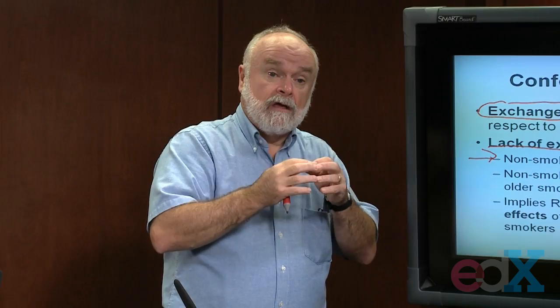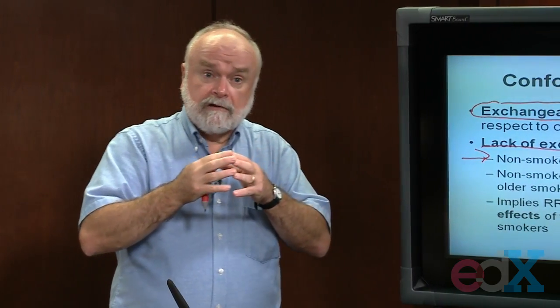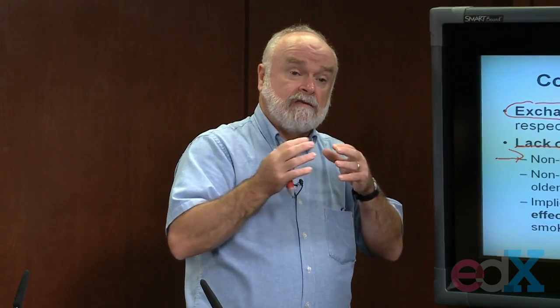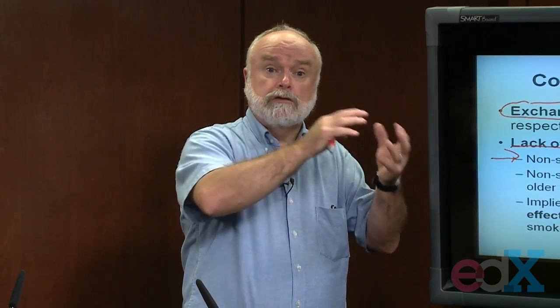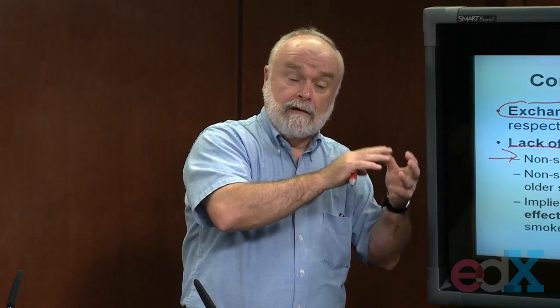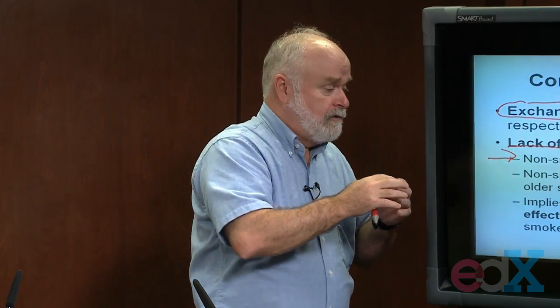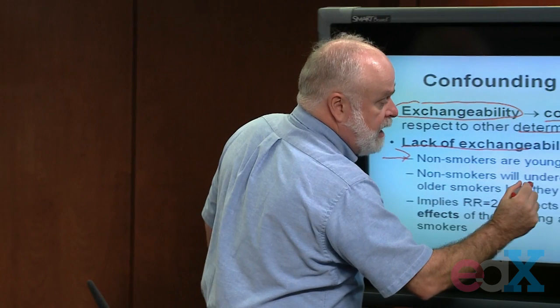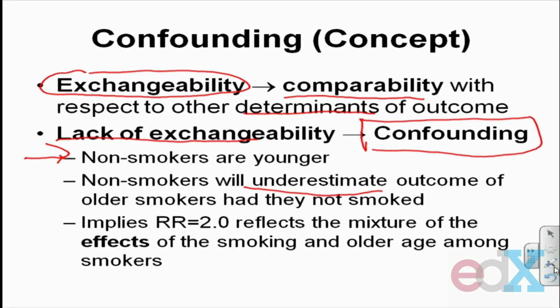And the problem is what our non-smokers are telling us is what would happen to young smokers had they never smoked. They're not telling us what would happen to our old smokers in our data set if those old smokers had never smoked. So the problem is the non-smokers we have are not going to estimate what would happen to the smokers if they never smoked, because they're under-accounting for the effect of age.